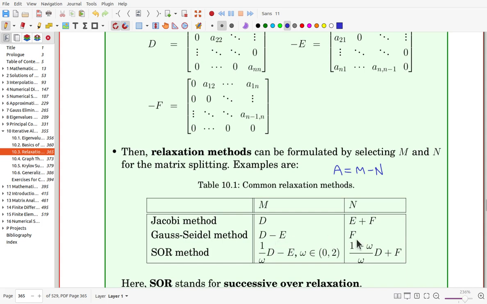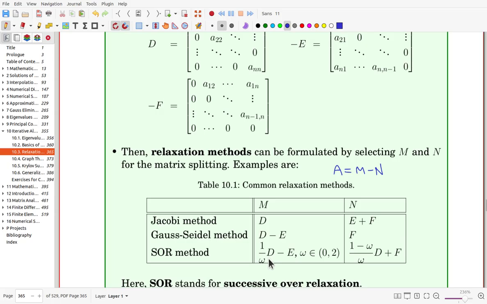Then the remaining part must be N = F. Now, SOR is choosing the lower part and 1/ω times D, the scaled diagonal.